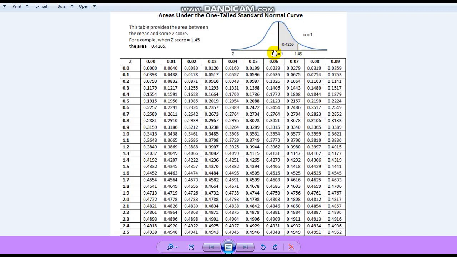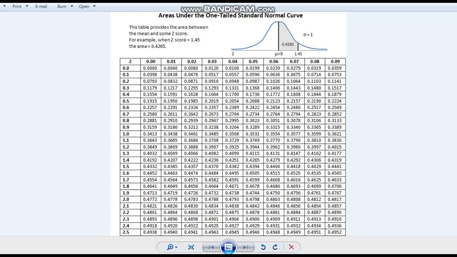If we're going to check negative values of z-scores, we just convert them to positive and it still works the same way. But remember that the area is from the z-score towards 0. So if it's on the negative side, it's from here going towards 0. That's how we apply that.